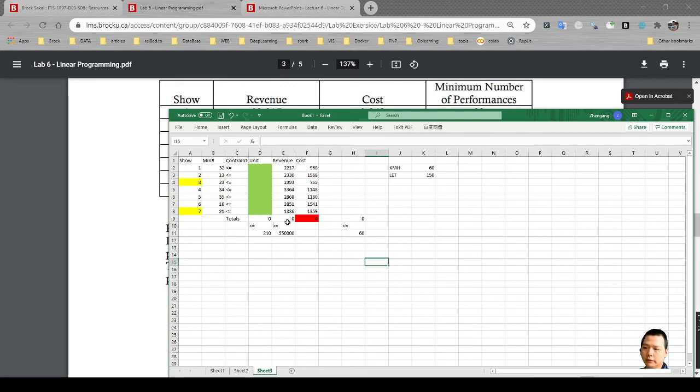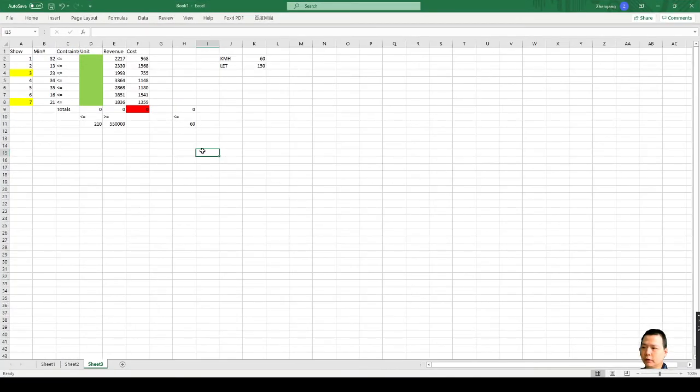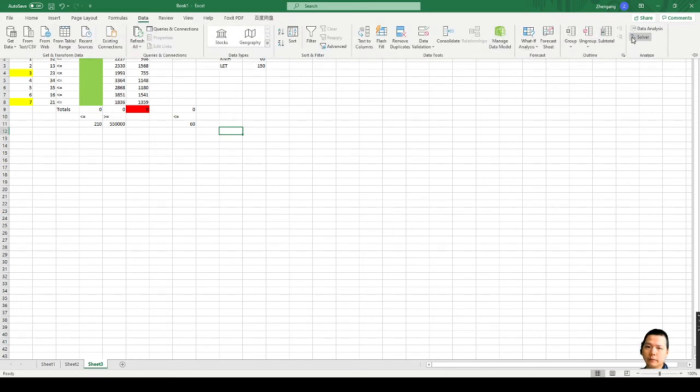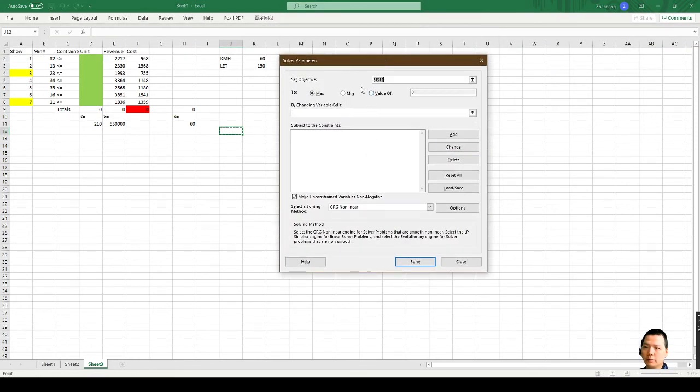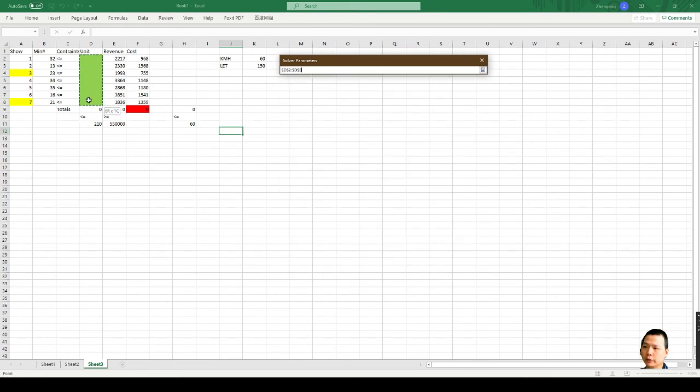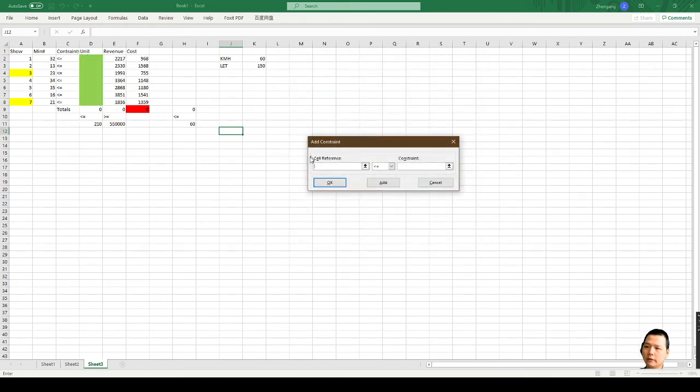Okay, so now we create our solver to solve this problem. Remember, for each comparison sign, we need to add a constraint. So Data, Solver. First thing is the objective is this one. We want the minimum by changing the decision variables, the green ones. First let's do the biggest, this one.